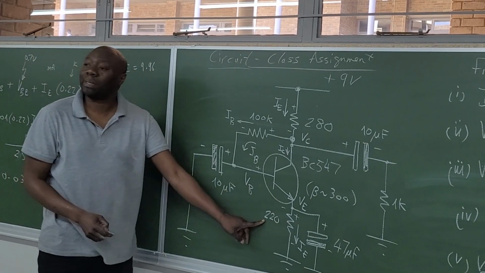That means this has to be in K, isn't it? It's 2.19 volts, 2.19 volts, right? So we know that this is 2.19 volts here.